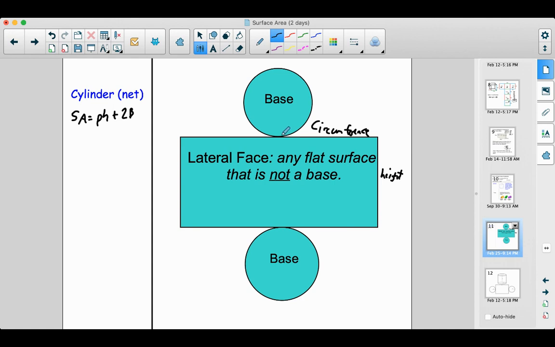Hopefully you can picture if I were to flip up this circle and roll this around it, this would go exactly around the perimeter of that circle. So perimeter times height translates into the circumference of the circle times the height of the prism, and then I add double the bases.